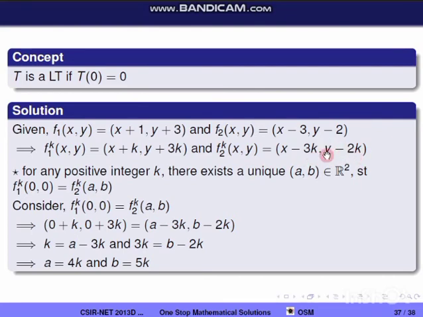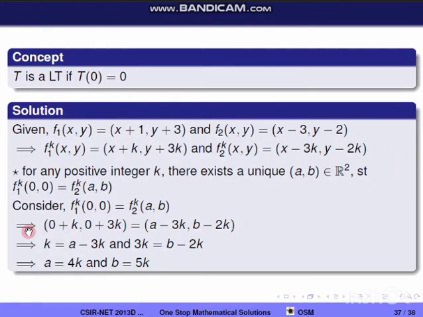Now we'll check the options one by one. First option: for any positive integer k, there exists a unique AB belonging to R square such that f1 power k of 0 0 is equal to f2 power k of AB. So consider f1 power k of 0 0 equal to f2 power k of AB. Substitute 0 0 in f1 power k and AB in f2 power k.